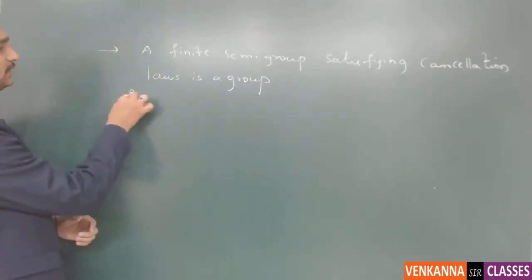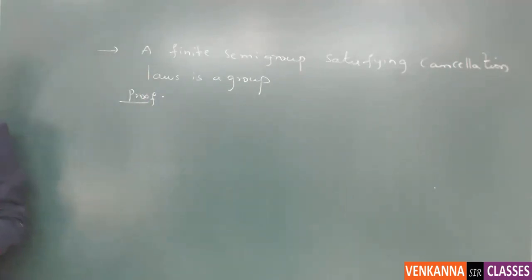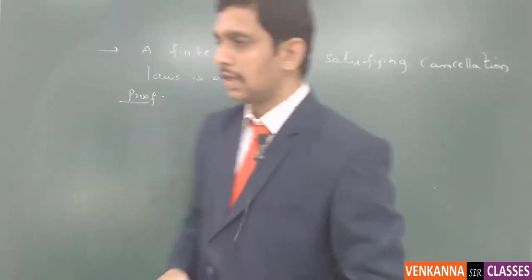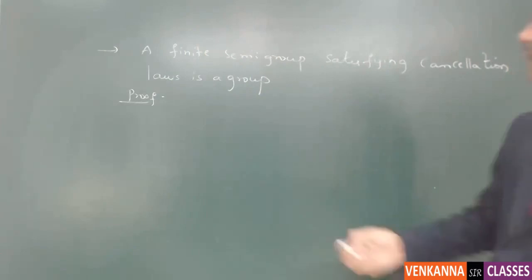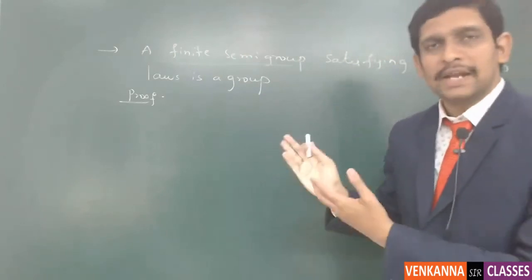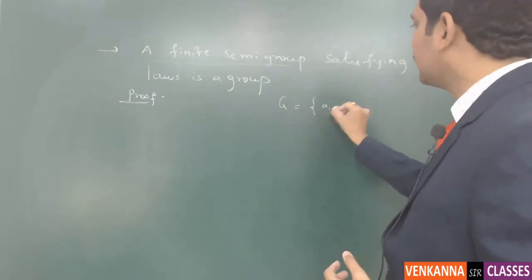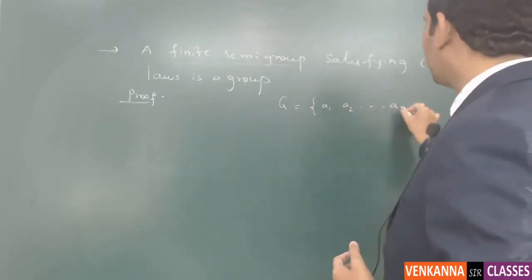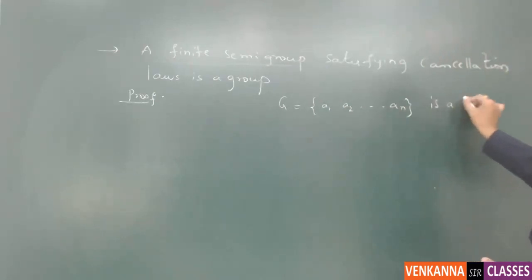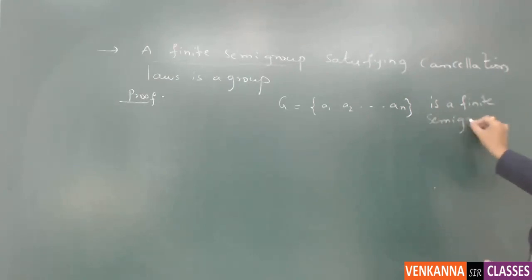You take a note of that. Now, you have to consider a finite semigroup here. So let us take a set, say G equal to {A1, A2, and so on, AN}, a finite semigroup with cancellation laws.